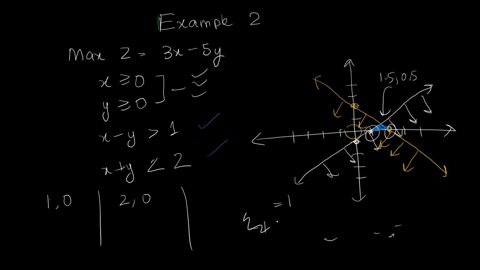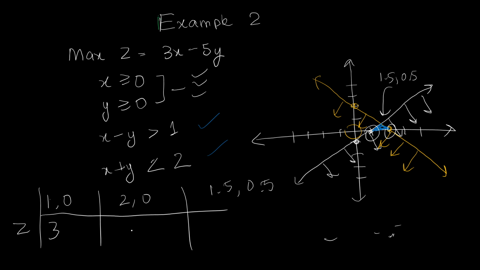And now we move to the next step, finding the value of the function at these corner points. By the way, this is a bounded region, which is why we have all of the corner points. The value of c when x is 1 and y is 0 is 3 minus 0, which is 3. Similarly, 6.